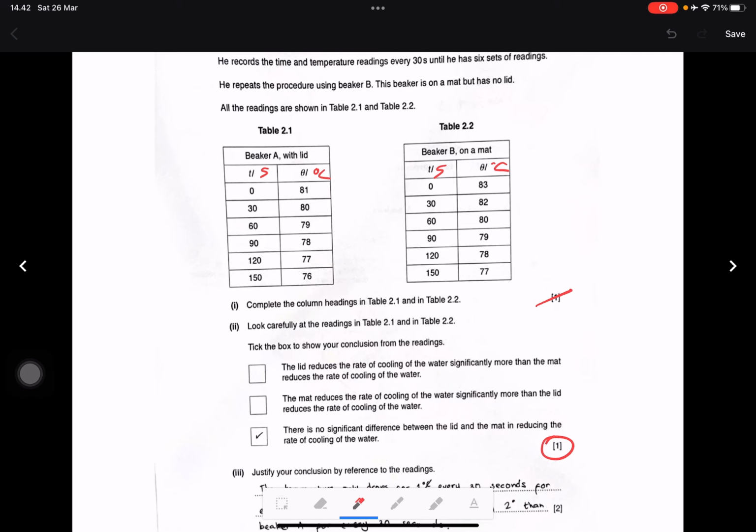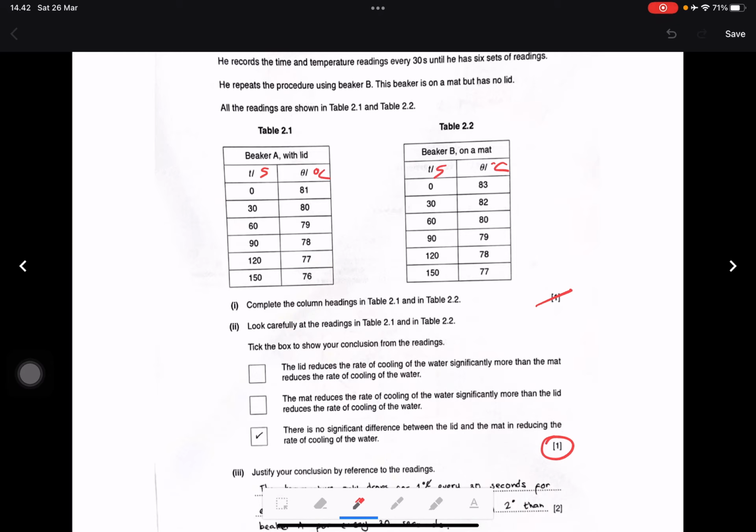The first box: the lid reduces the rate of cooling of water significantly more than the mat reduces the rate of cooling of the water. No. The mat reduces the rate of cooling of water significantly more than the lid reduces the rate of cooling of the water.